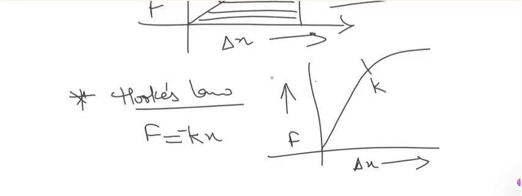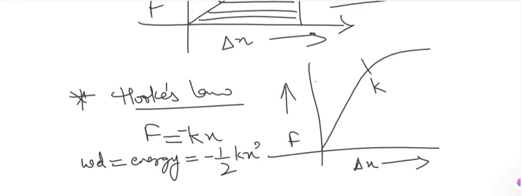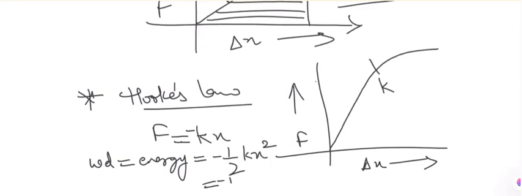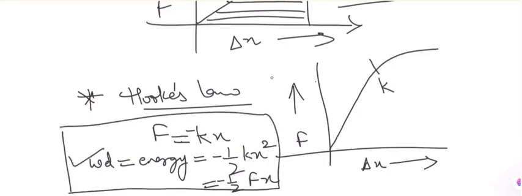And your work done is nothing but the energy supplied, right? So what is the energy supplied? Energy supplied is half kx square or half fx. So you can find this also. You are aware, no? Work done is energy, because both are having the same SI units. Any doubts still here?